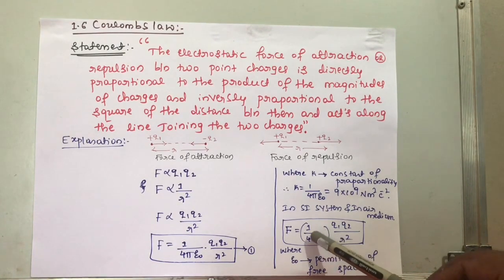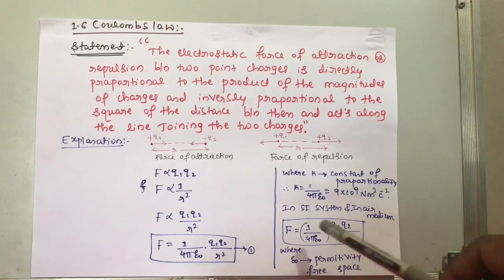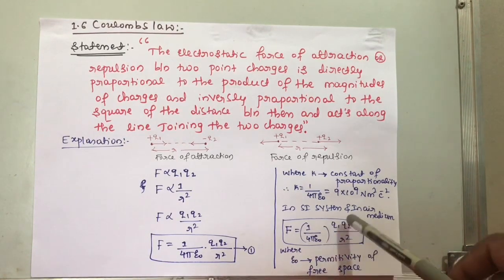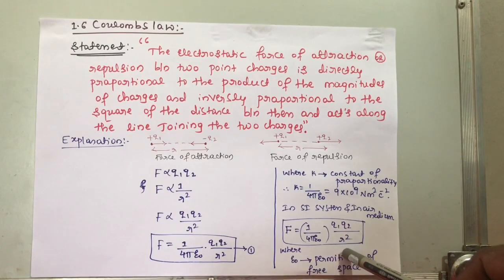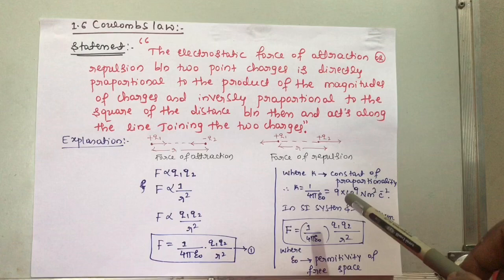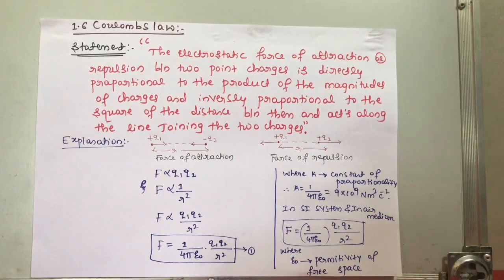The new term, this symbol, is read as epsilon naught, and its meaning is permittivity of free space. Here q1 and q2 are the two point charges, and r is the distance between them. This is known as Coulomb's law in electrostatics.